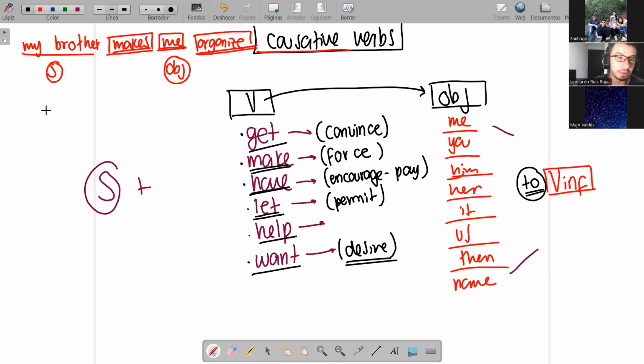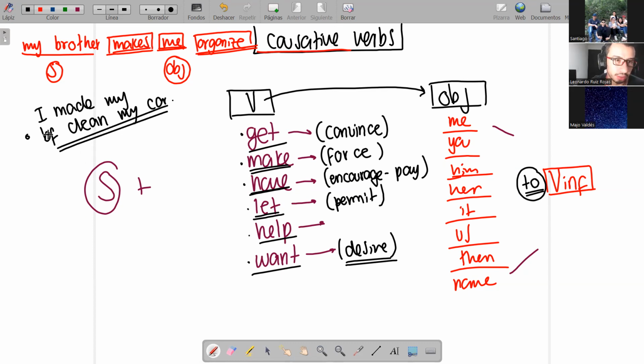So I can say, for example, I made my best friend clean my car because he got it dirty. That's why I made my best friend clean my car, because I lent it to him and he got it dirty. Not necessarily the use of to, right? But the use of an object pronoun after the verb is always necessary.